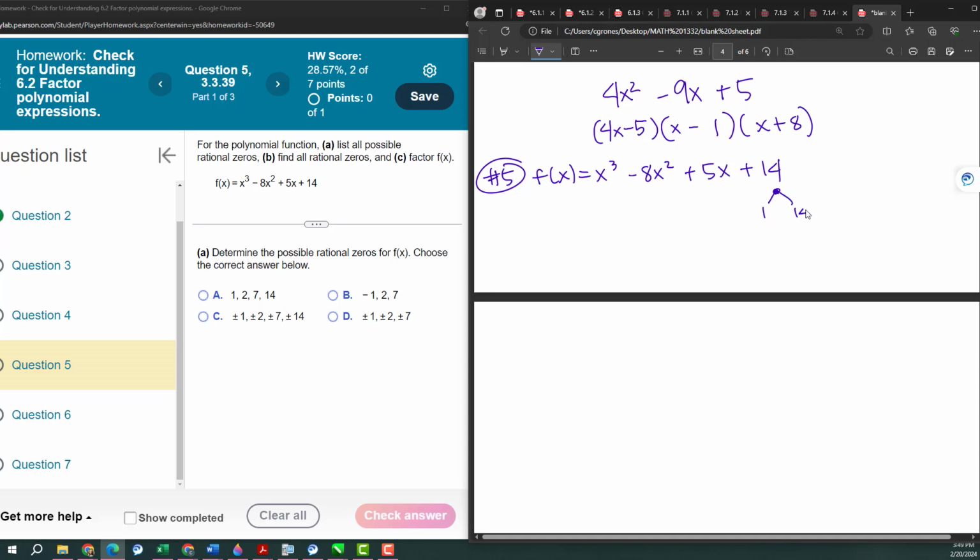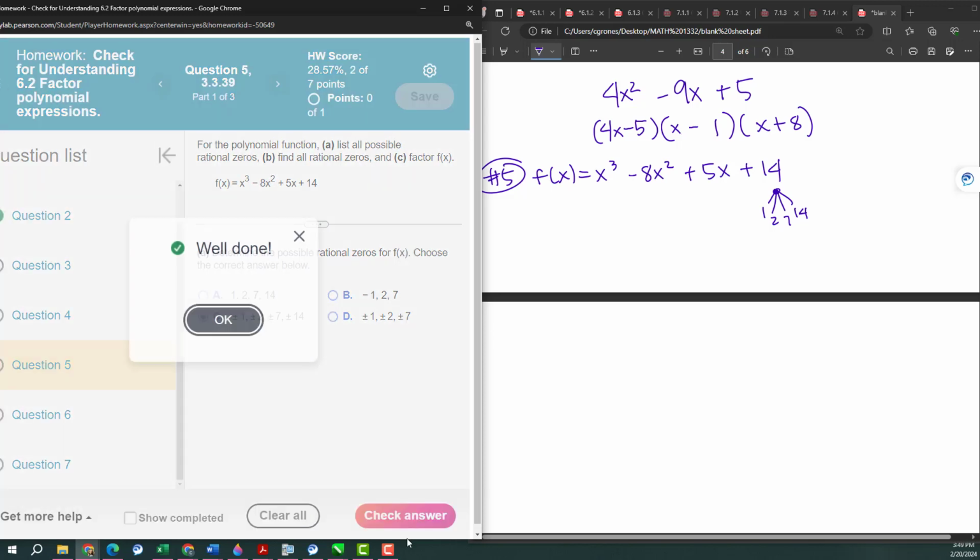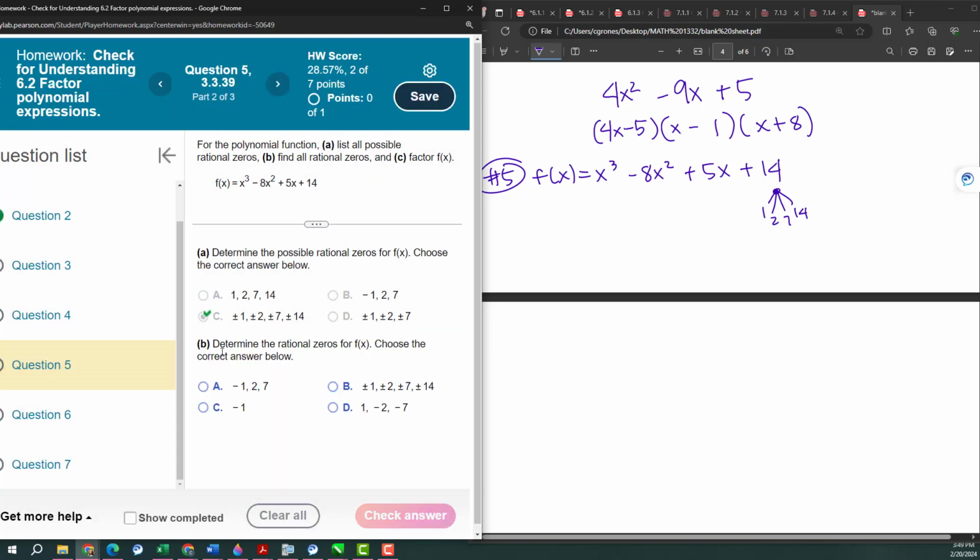So I've got 1 times 14, I've got 2 times 7, and it looks like that is going to be it. So I'm going to select C because it has everything: 1, 2, 7, 14, and it can be positive or minus. Okay, so now we're going to test them. We're going to determine the rational zeros.